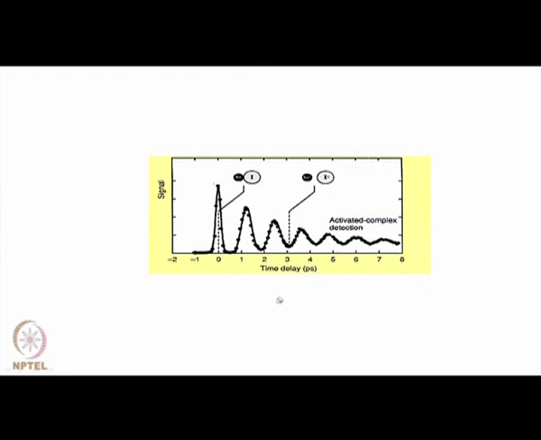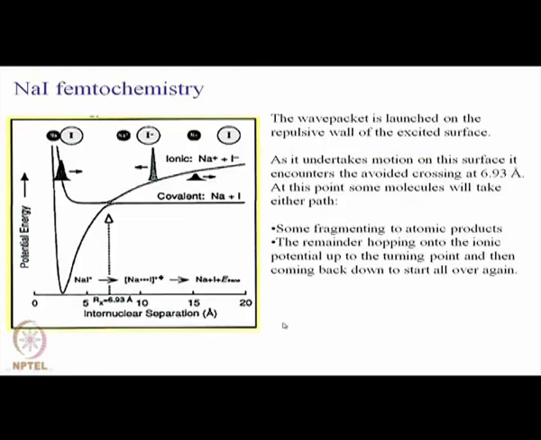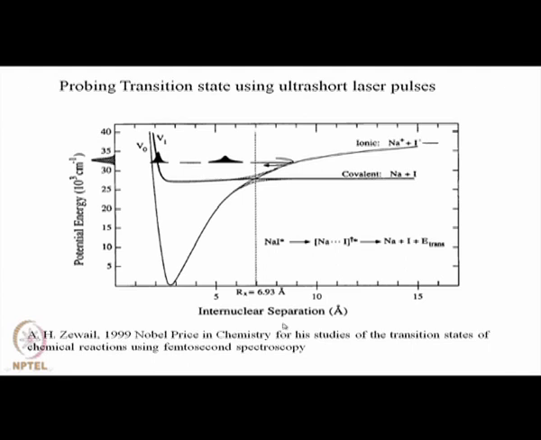Okay. So, it is a very useful technique by which you can probe the transition state. And here we have taken the help of these two potential energy surfaces, and since they are crossing, a certain percentage is tunneling out to the covalent potential energy surface, thereby giving rise to your signal.